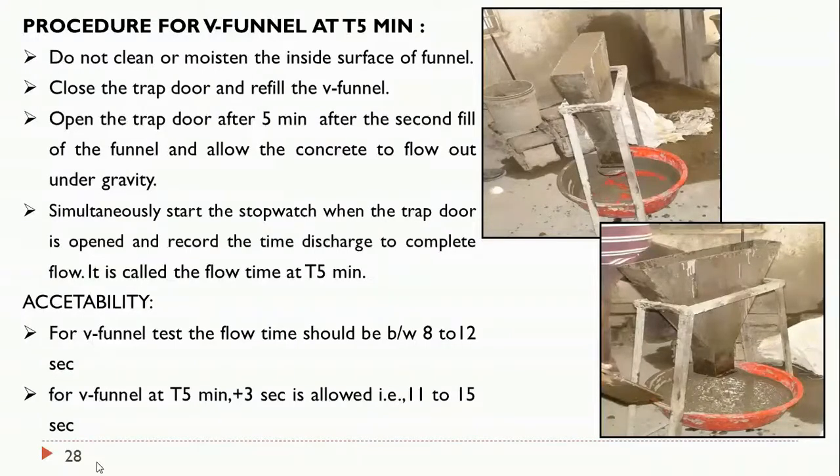If it is not within these time limits, then we can say that it has some segregation property. Based on these results, we can infer whether it has any segregation property, or any issue with the flowability.